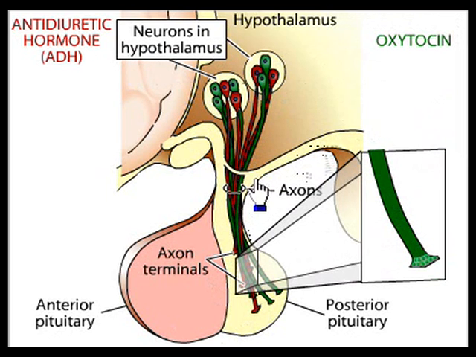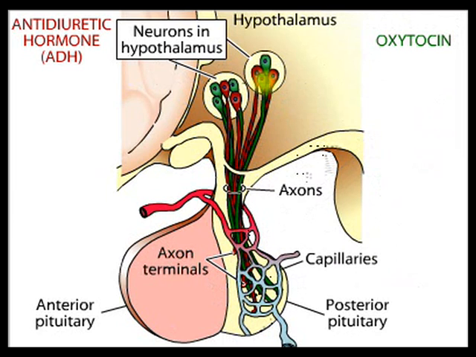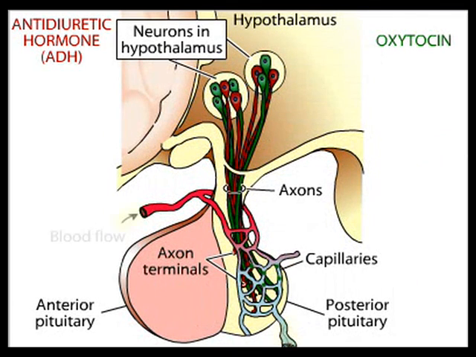These secretions come and end up in the posterior pituitary via the axonal terminals. Whatever is secreted through these neurons is carried into the various parts of the body through the blood flow and the capillaries that circulate and surround the posterior pituitary.